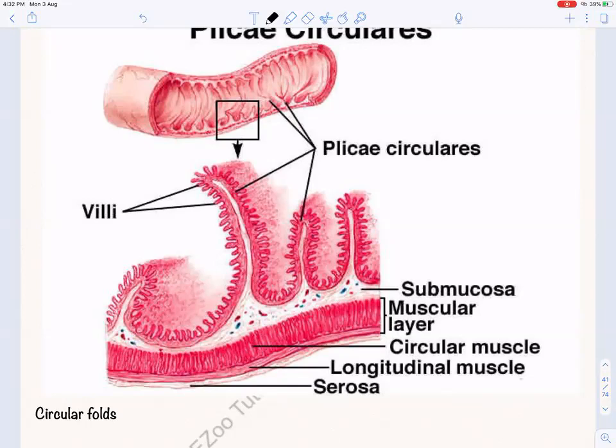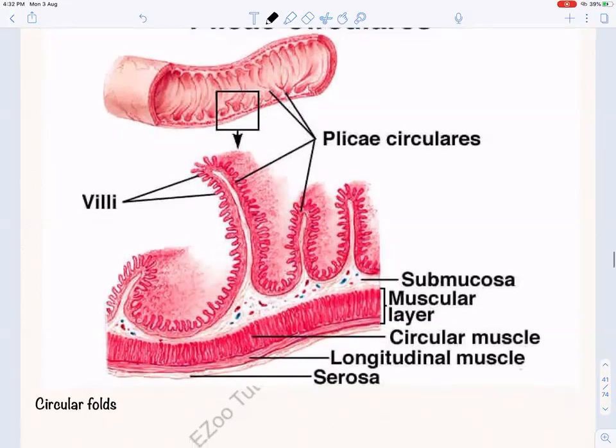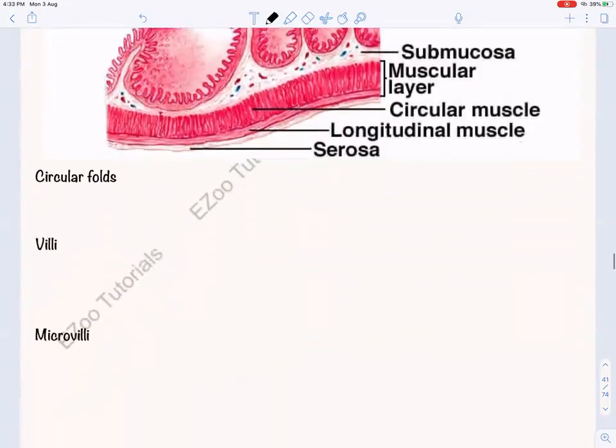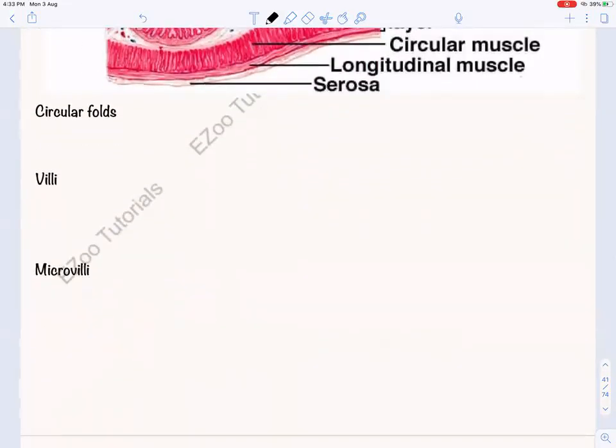See, you can see these villi, right? This was a diagram that I actually drew and showed you. So we did the circular folds and villi and microvilli.